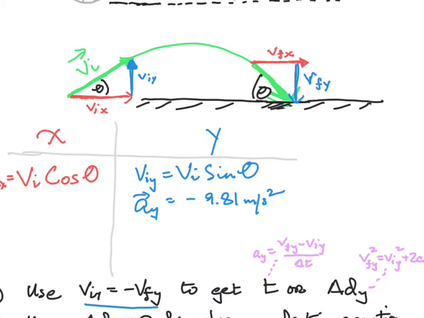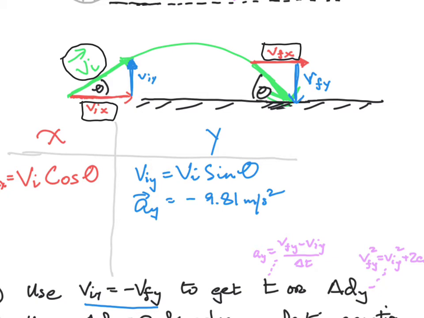So for a projectile launched at an angle, we have to look at certain things. First thing is that Vi, the initial velocity vector, can be split into its x and y components using trigonometry. If we have Vix, we also know that Vfx is going to be the same value, because we already talked about the fact that the velocity is uniform.